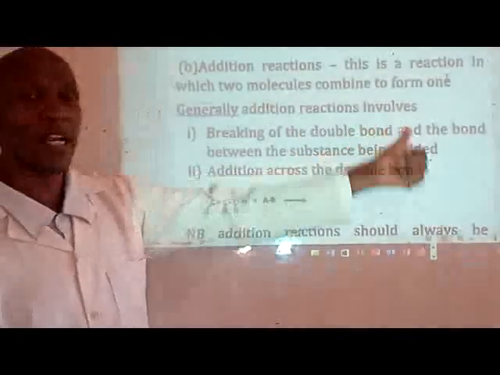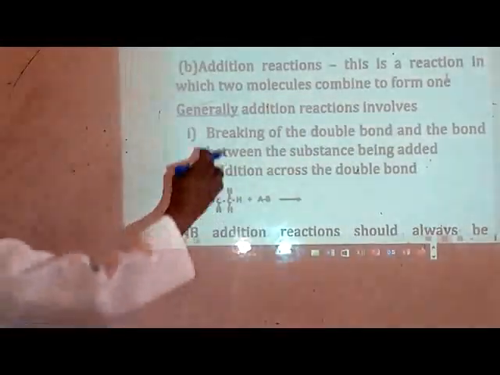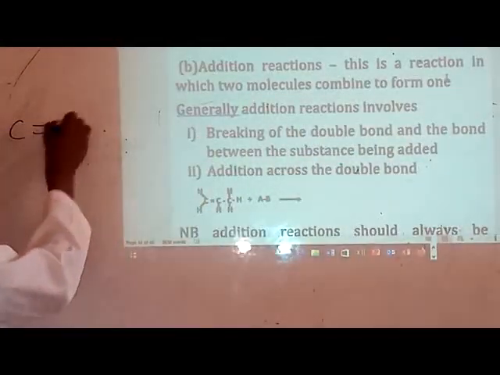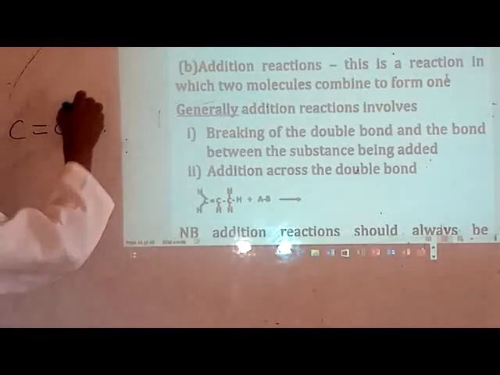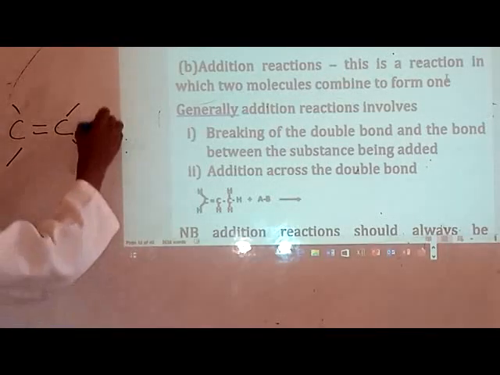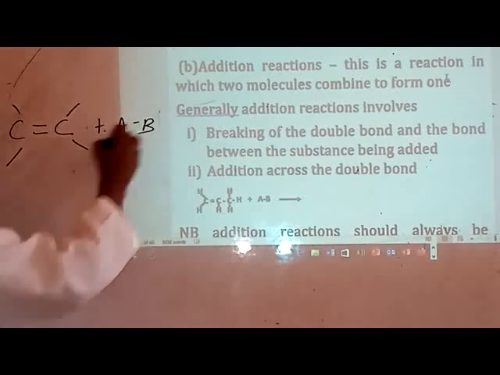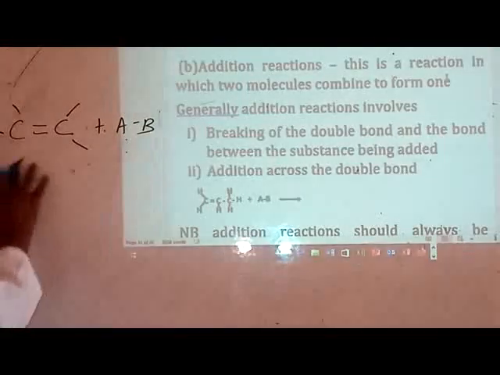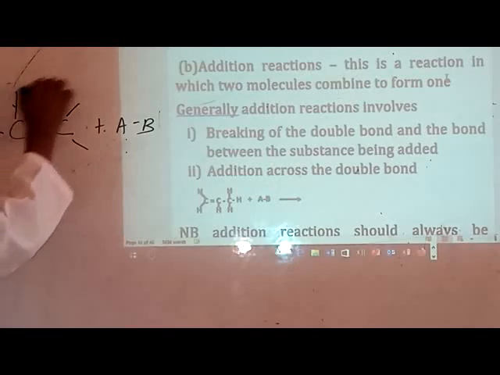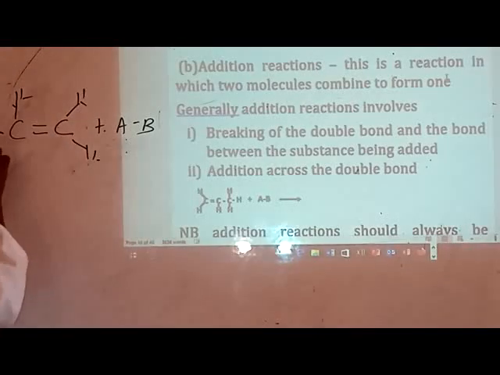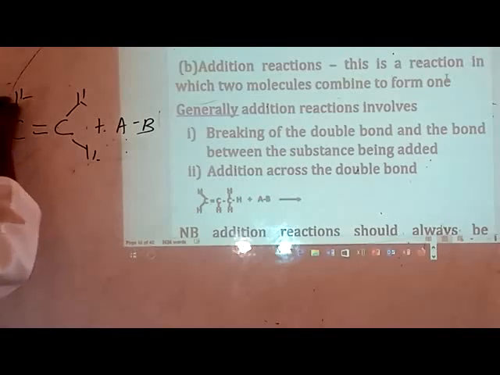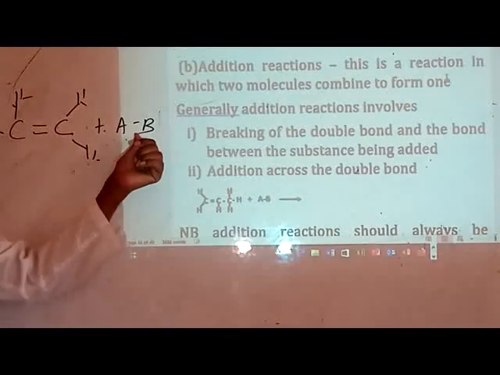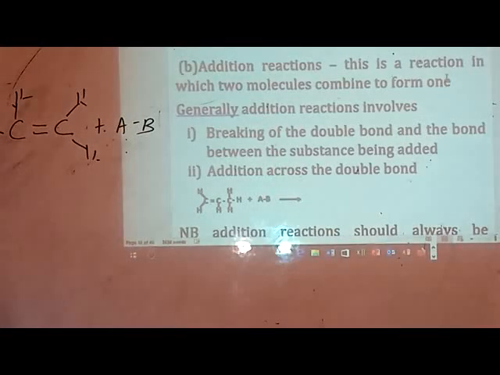So generally in an addition reaction, this is what will happen. If you start from an ethene, for instance, and then you are adding a substance AB. Let me even use propene because I want to demonstrate something here. Now you add a molecule AB to propene.